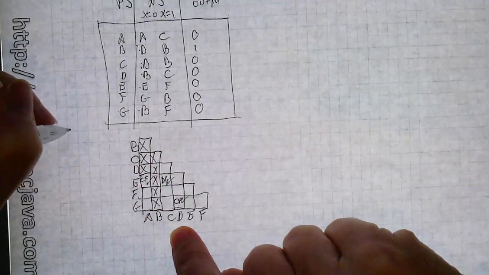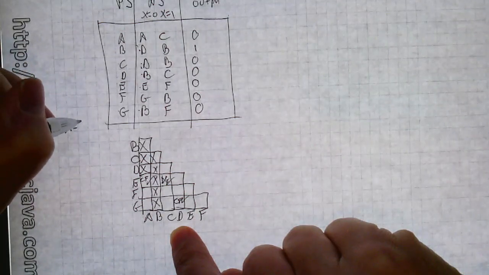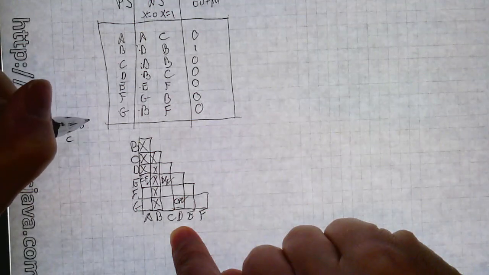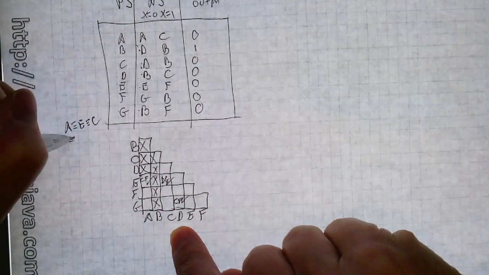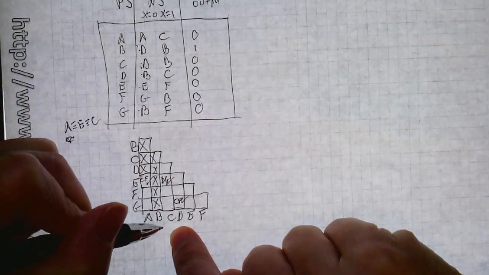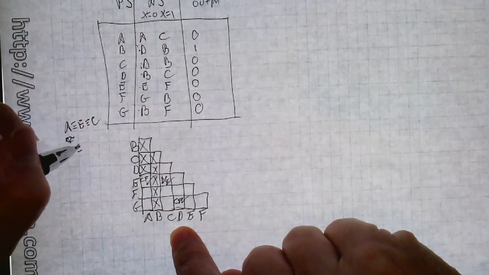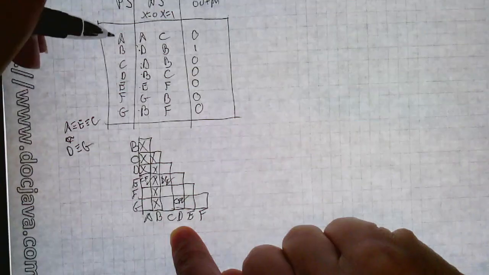And so now I have A is equivalent to E, C is equivalent to E, so I can raise that up in here, and D is equivalent to G. So that's kind of cool.